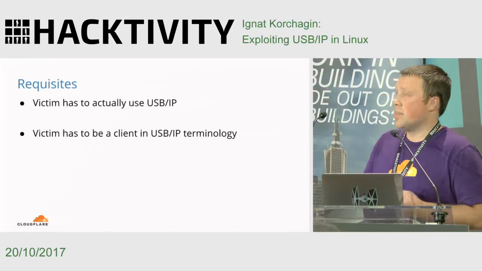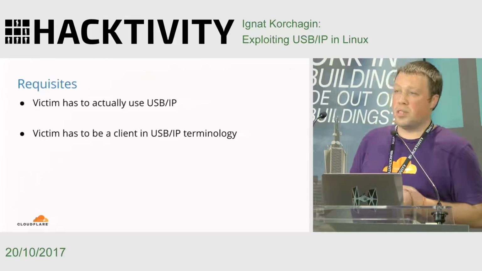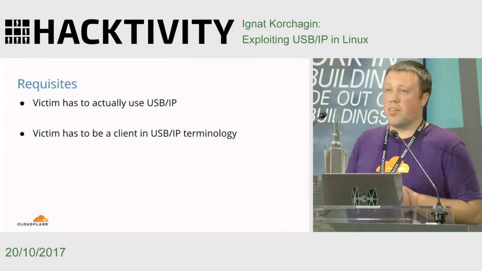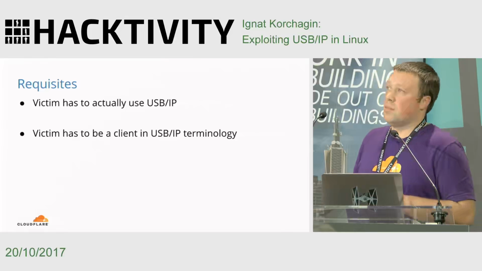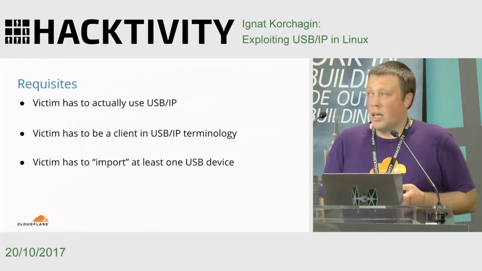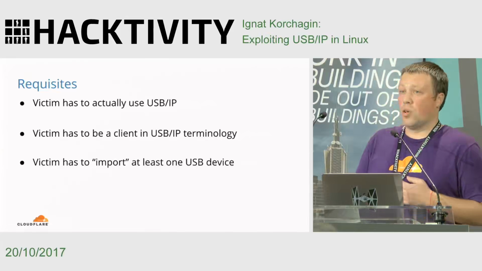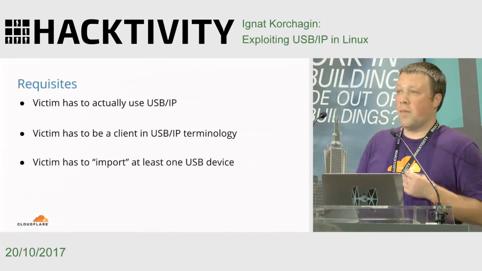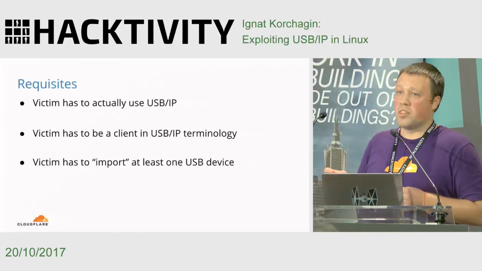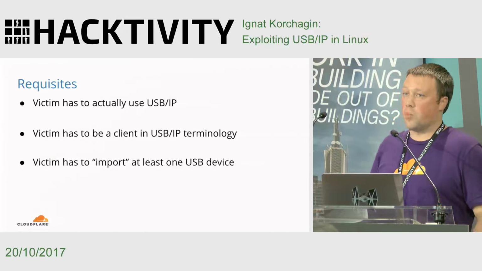The victim has to be a client in USB IP terminology. It's basically the side which imports USB devices, because the code path is different for client and server, and I haven't been able to find the same exploitation path for the server-side receiving code. Also, the victim has to import at least one USB device. As we've seen before, there is a small handshake before the socket file descriptor actually gets into the kernel, so it happens only on successful import of one device.